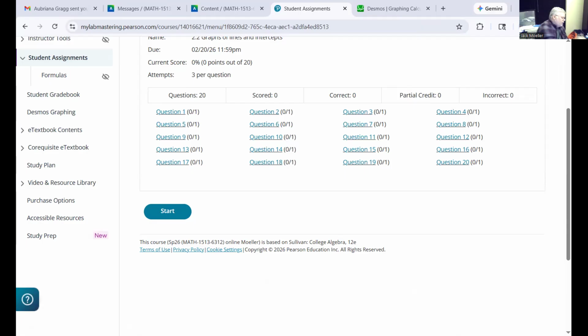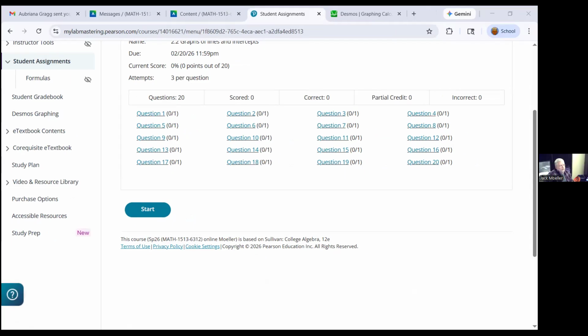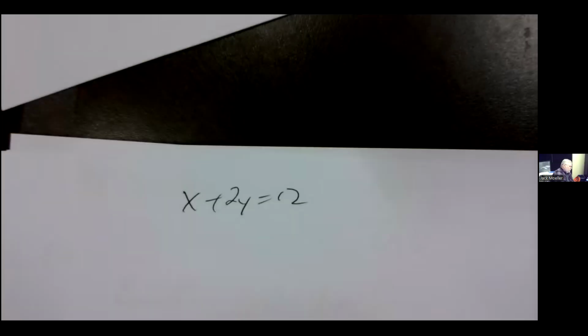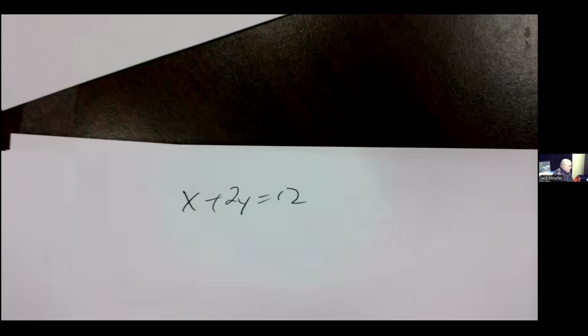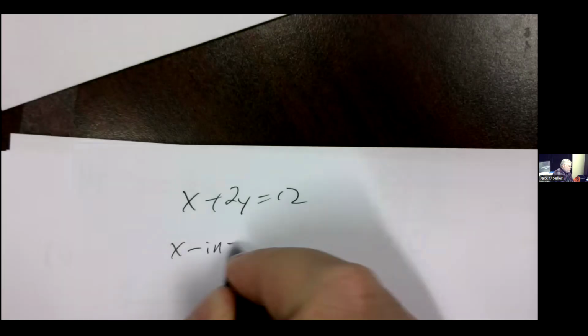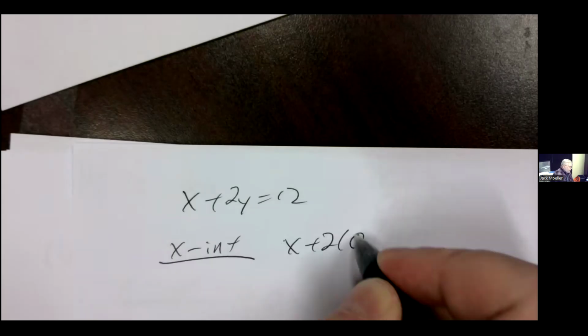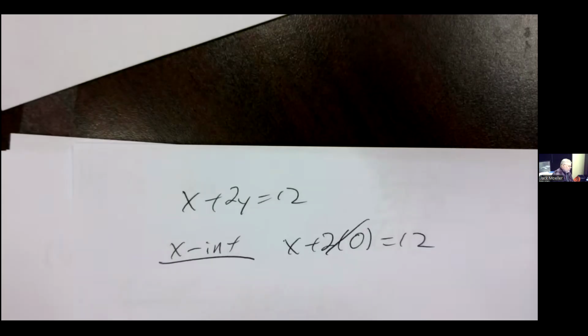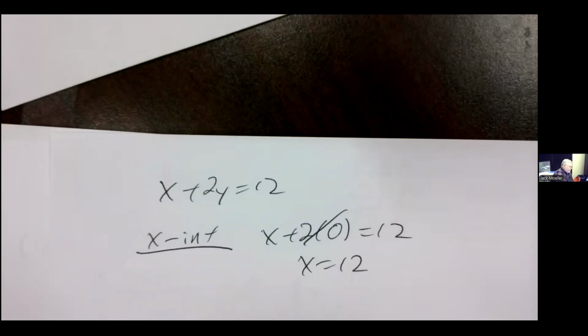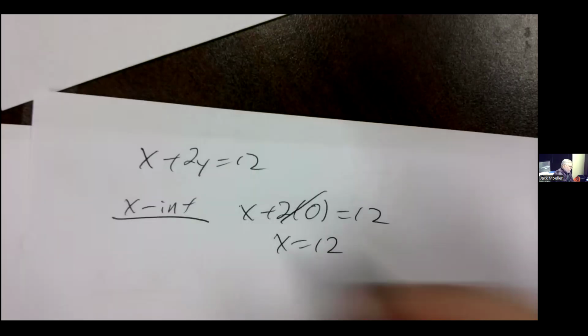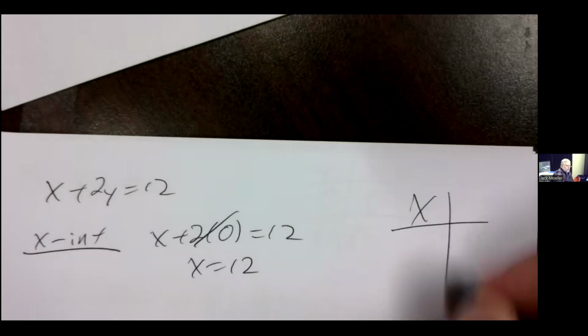What do we have? We have x plus 2y equals 12. So let's get those intercepts right quick, and that way we can see how the tool works. For the x-intercept, y equals 0. So we do x plus 2 times 0 equals 12, so we get x equals 12. Plugged in y equals 0, got x equals 12.